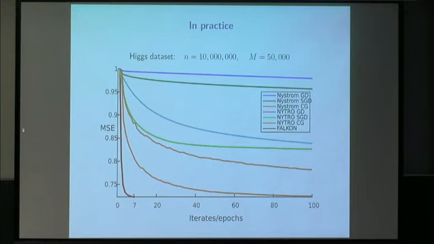Here you have the number of iterations, or epochs if you use SGD, and here the mean square error on the test set. You see that Falkon after 7 iterations achieves the optimum, the smallest. Then we compared some algorithms: Nystrom plus SGD, then Nystrom plus GD.